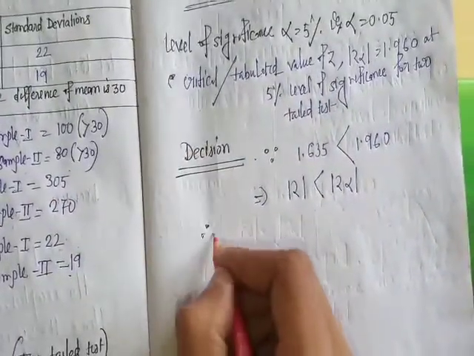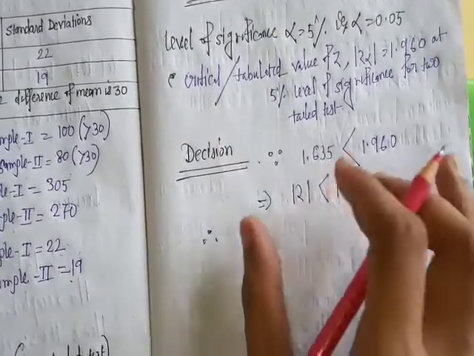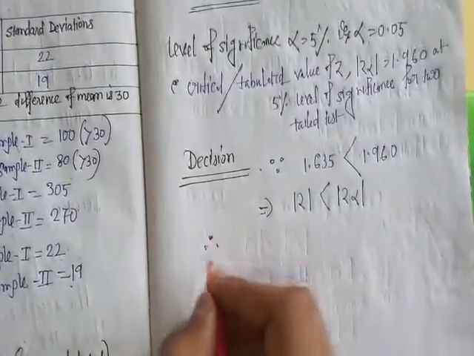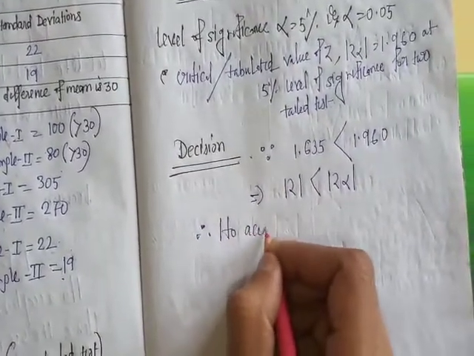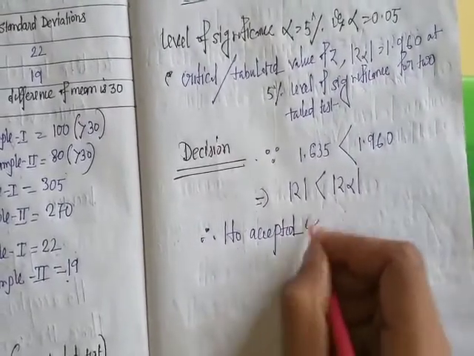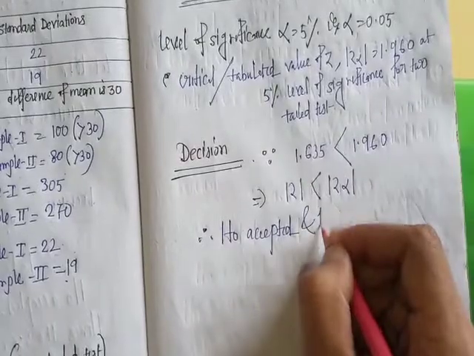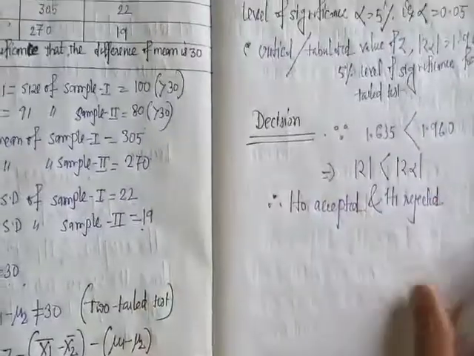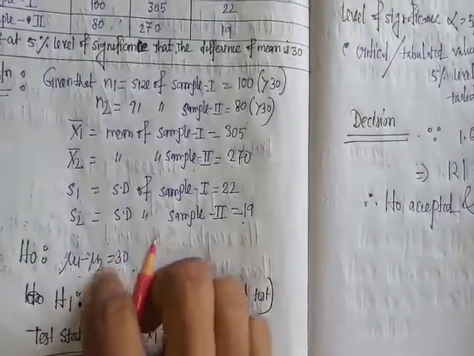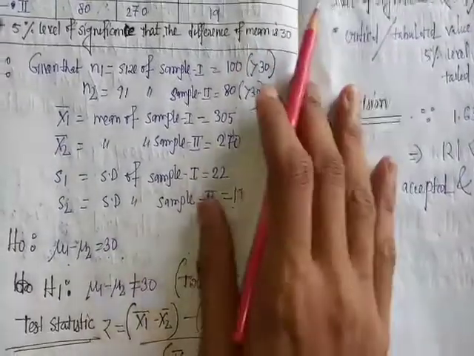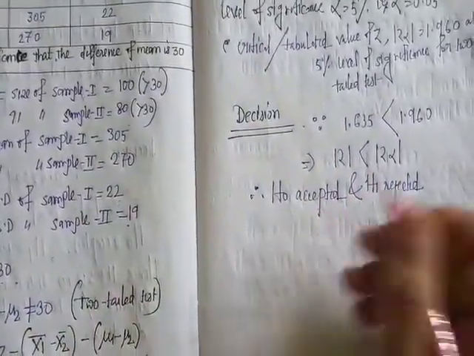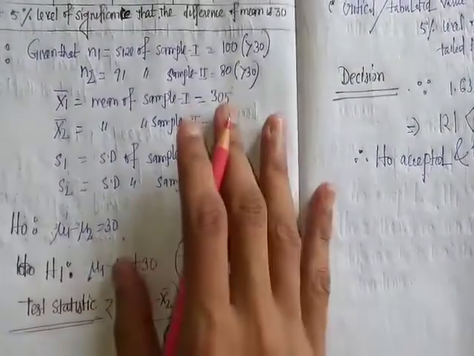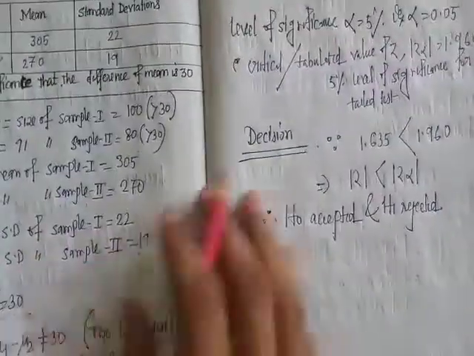Therefore, since the calculated value of z is less than the tabulated or critical value, the null hypothesis is accepted and the alternative hypothesis H1 is rejected. Since H0 is accepted, mu1 minus mu2 equal to 30, that is, the difference of mean is 30.